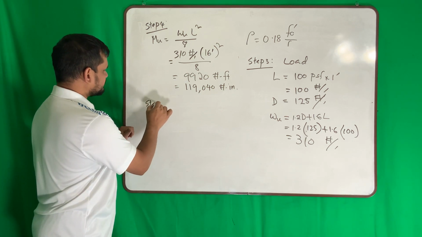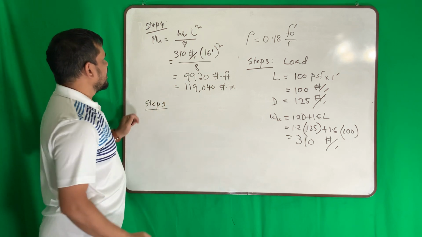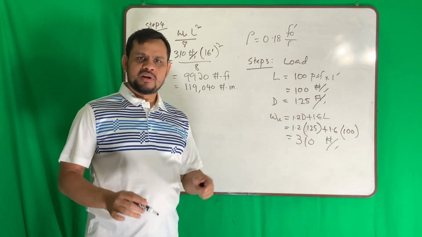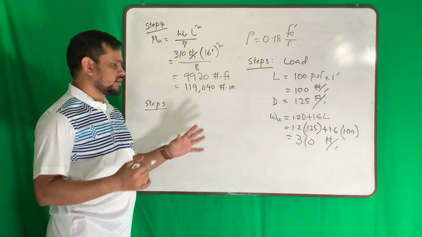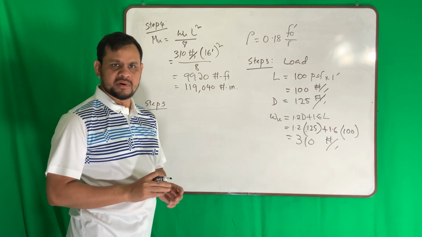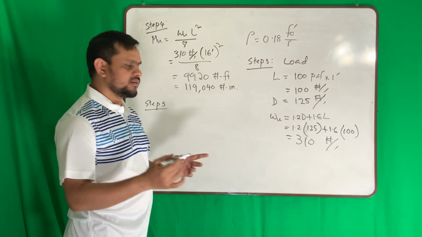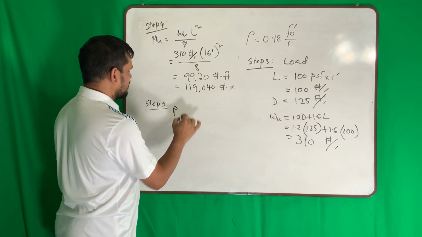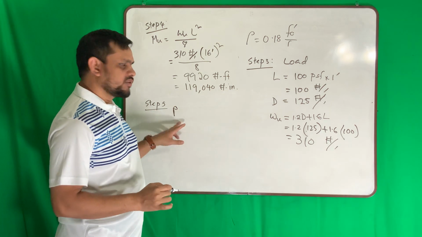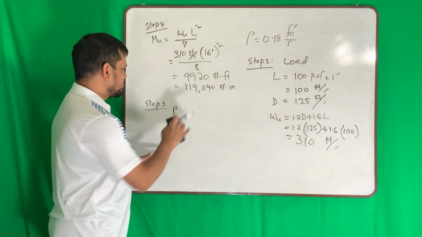Next, step number 5. After finding the moment, as you saw in the beam design, we go to the size matter. So step number 5, we will do rho, because to find our size, we need our rho.